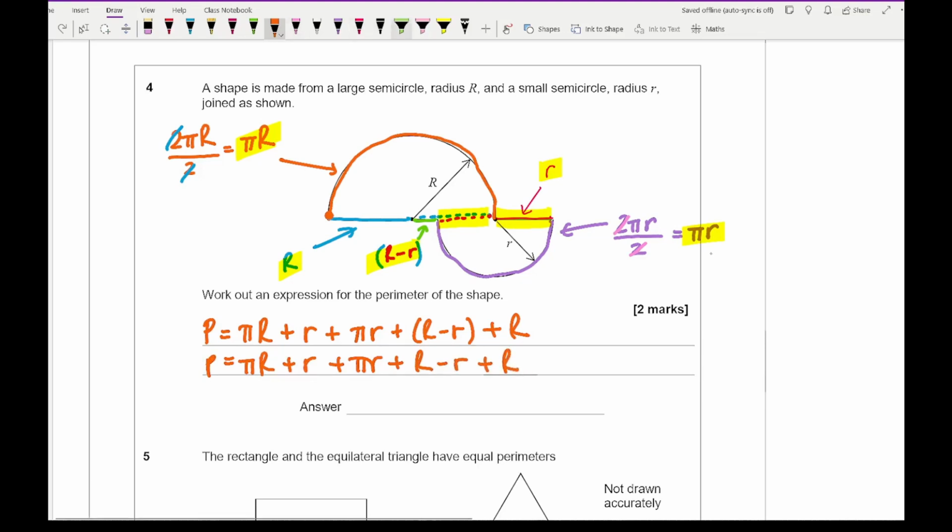Then I should have some things that cancel out. So here this little r will cancel with that, and I can join those two r's to make 2r. So the final answer is going to be pi capital R plus pi little r plus 2r. And that equals P.